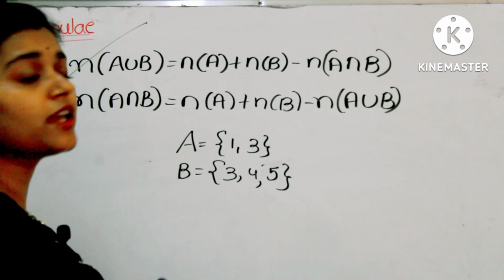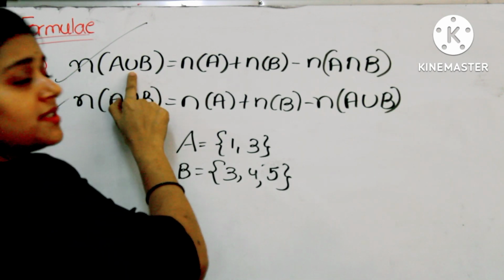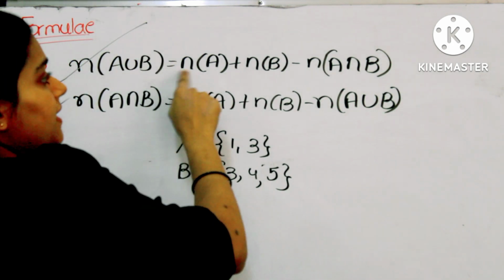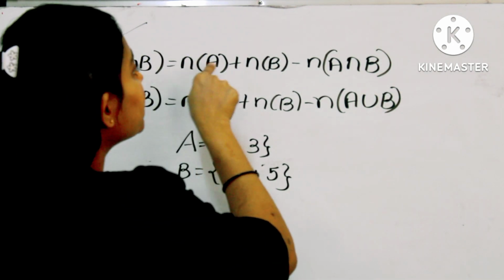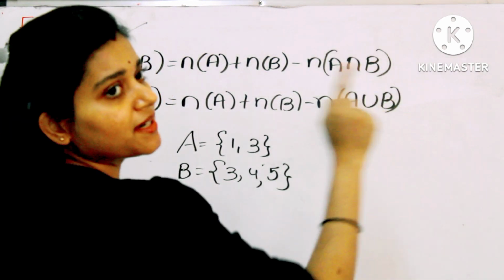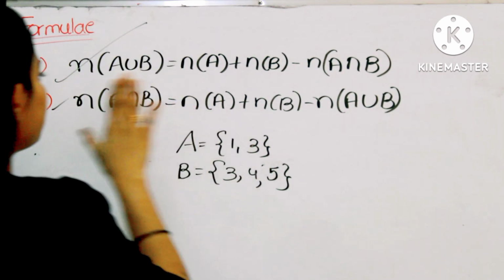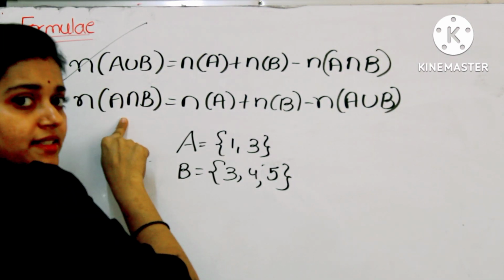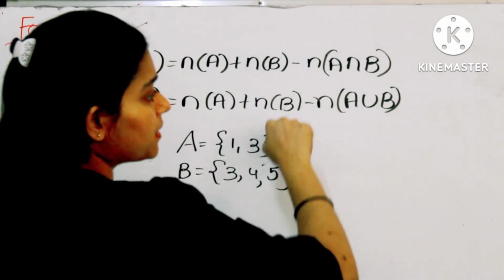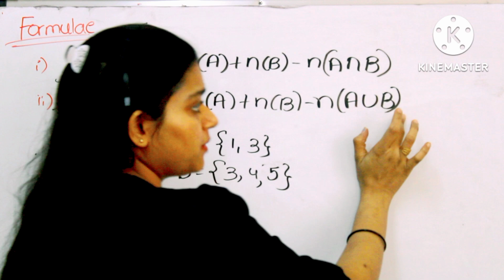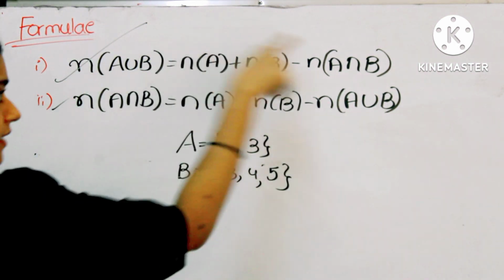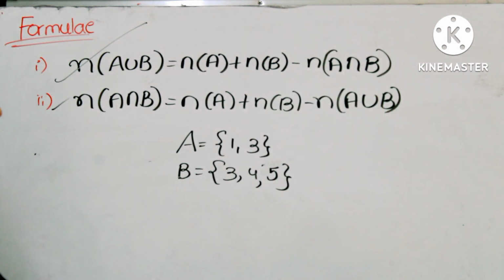Read it as number of elements in A union B. That is equal to number of elements in A plus number of elements in B minus number of elements in A intersection B. Similarly, number of elements in A intersection B equals number of elements in A plus number of elements in B minus number of elements in A union B. So if you take intersection, then you have to subtract from union. If you take union, then you have to subtract from intersection.